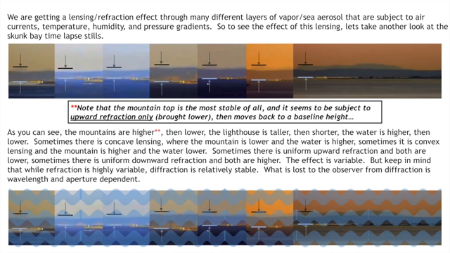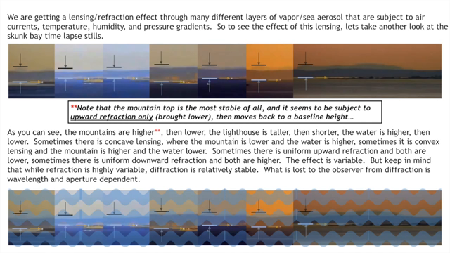So we are getting a lensing or refraction effect through many different layers of vapor or sea aerosol that are subject to air currents, temperature, humidity, and pressure gradients. So to see the effect of this lensing, let's take another look at the Skunk Bay time-lapse stills and just outline or mark out some of the landmarks. So we'll mark a building, and we'll take some still shots of the time lapse.